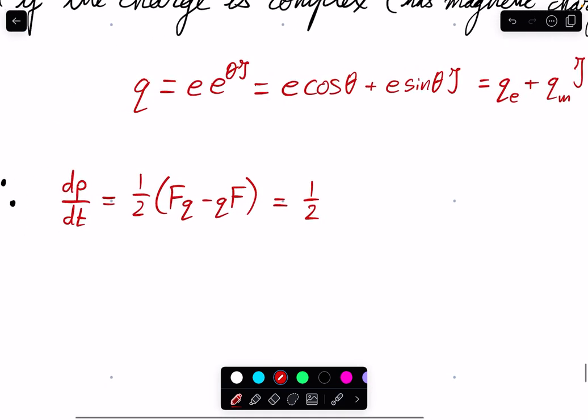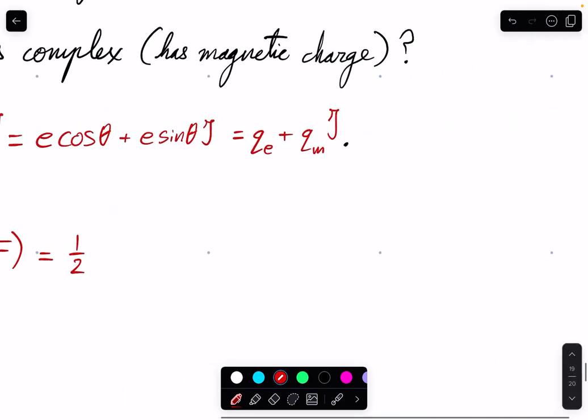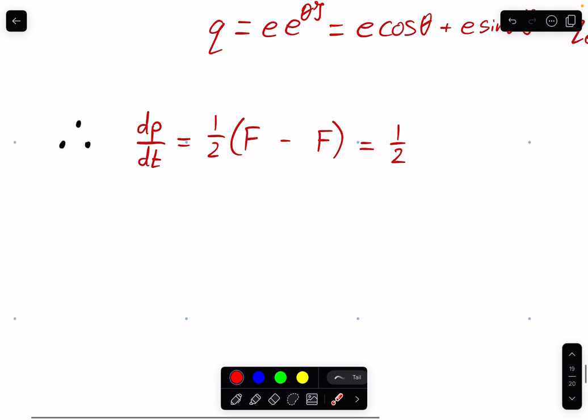Oops, no, we don't want to consider Q, sorry. We want to consider this quantity right here. So we want to consider Q. This is complex charge momentum. So we have the momentum and then Q here.